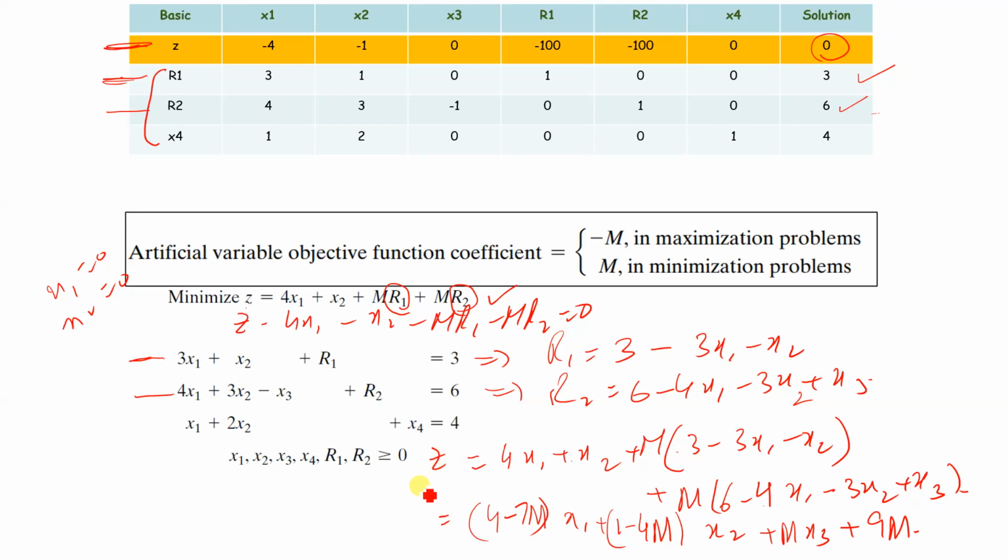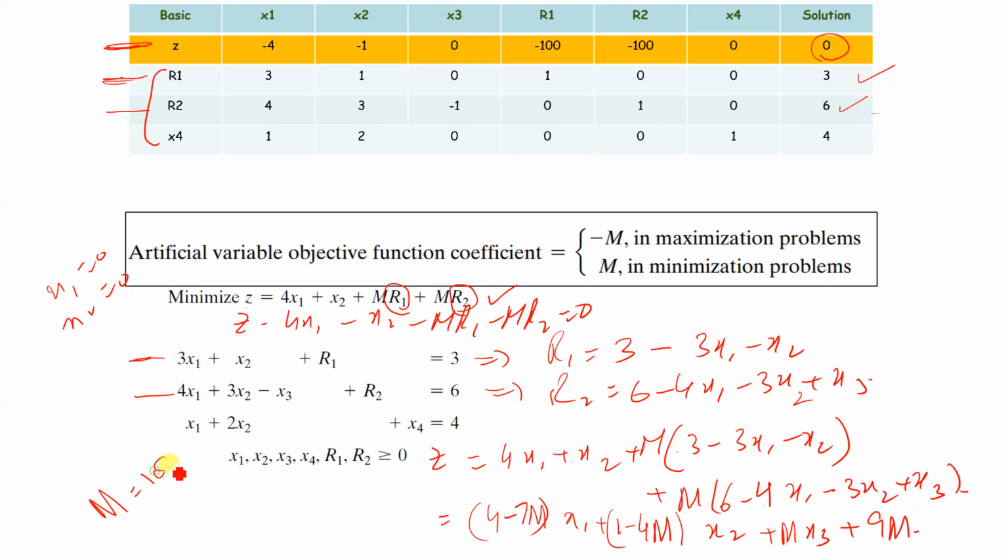In order to make computations easy, we assign some large value to M, a very large number, large in comparison to the coefficients of the objective function or the coefficients of the constraints.